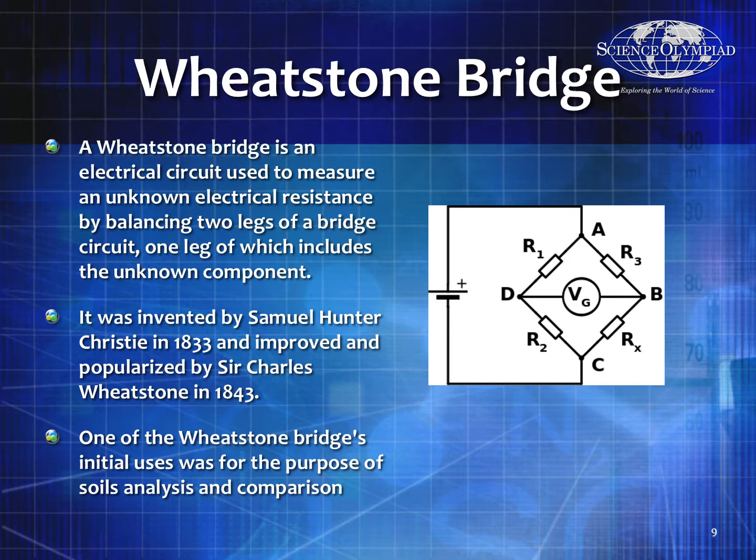So they used to use it a lot for the purpose of analysis and comparison, and you would have very, very high precision resistors, because they could measure voltage real easily, but it was much tougher to measure resistance.